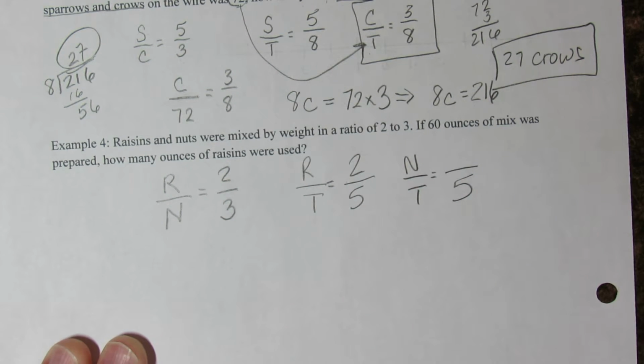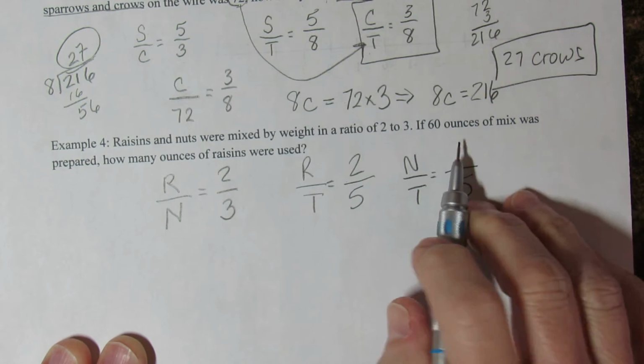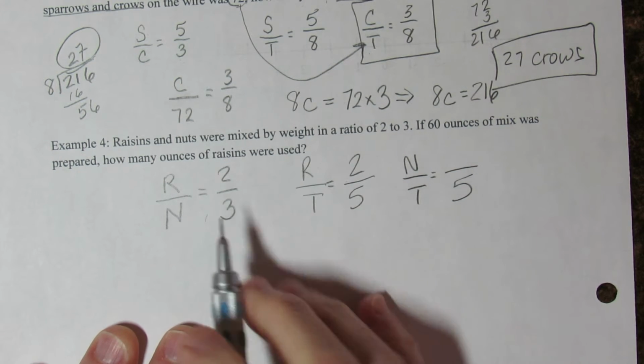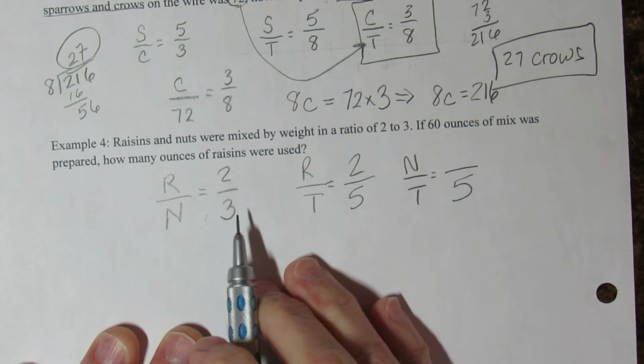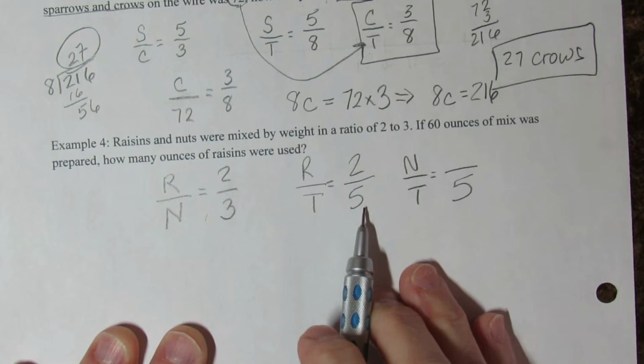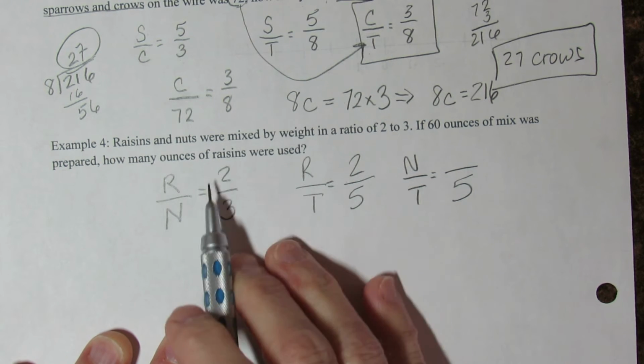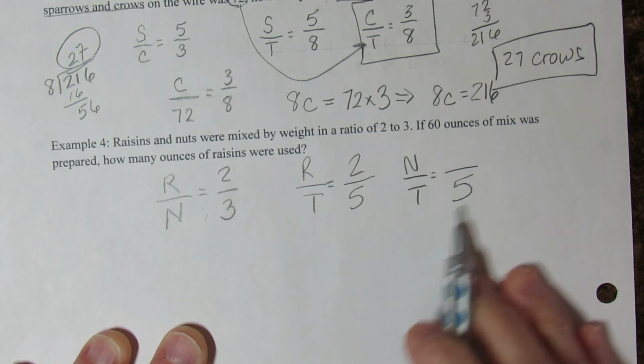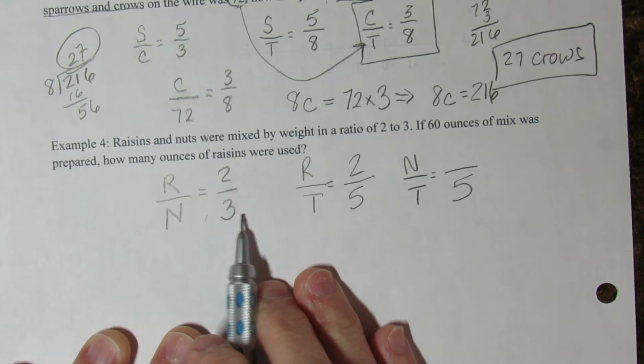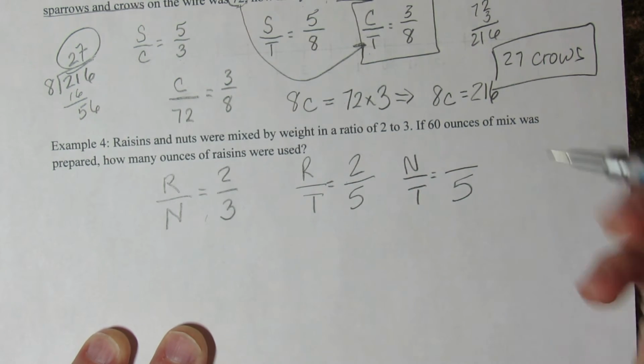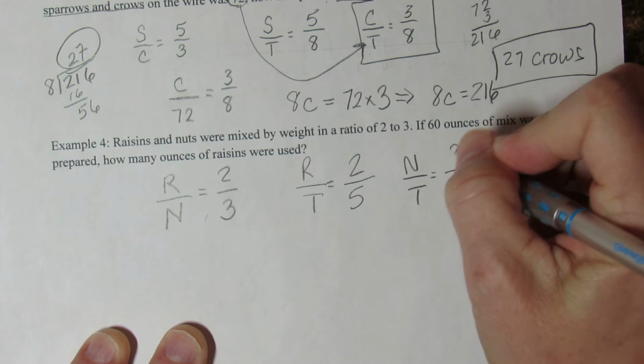Or it might be ounces, I'm sorry. So for every 5 ounces of mix, there are 2 ounces of raisins. For every 5 ounces total of mix, there are 3 ounces of nuts.